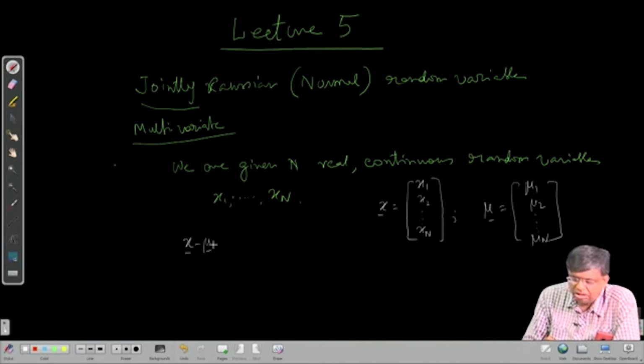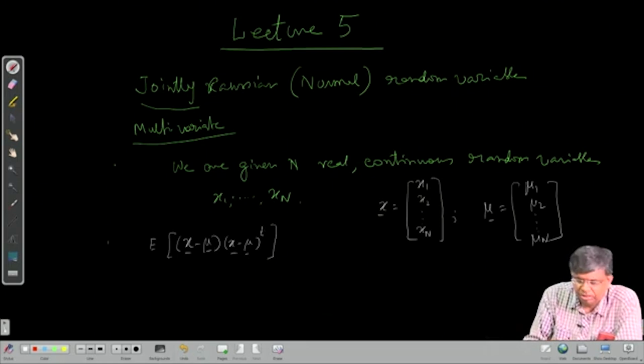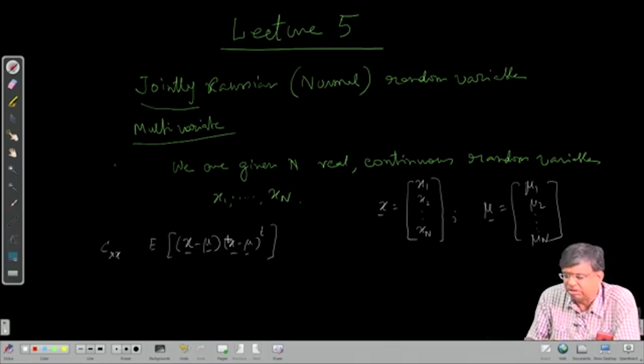We have seen in the last class that if I take the expected value of this column vector times its transpose, that is the covariance matrix. Maybe you can say Cxx, because one x minus mu comes here, another x minus mu row vector comes here.